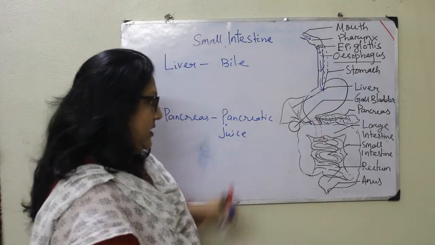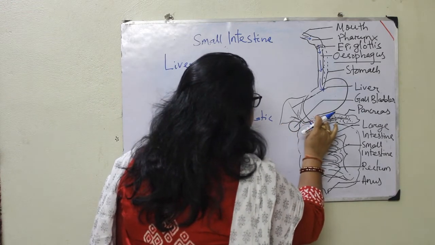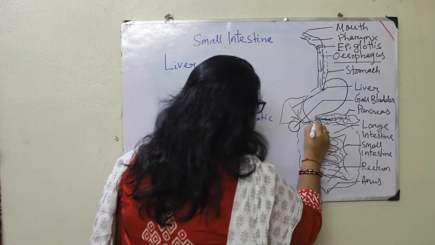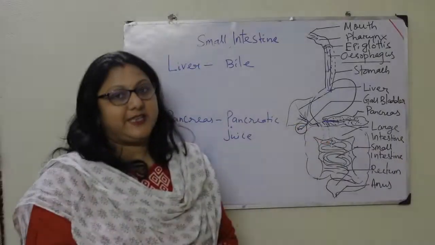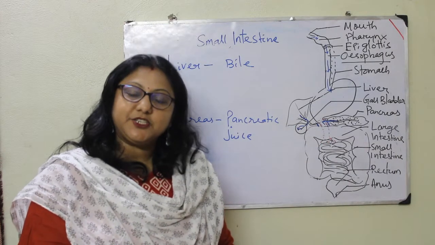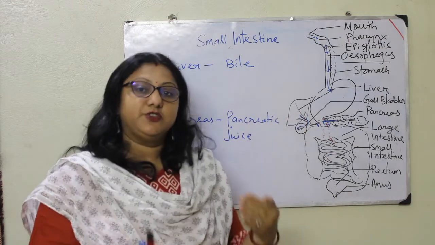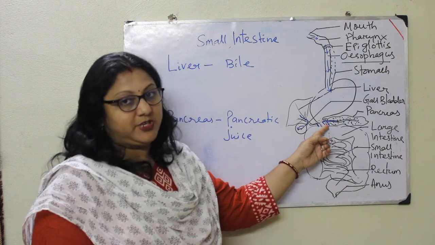Now we can see here the secretions of the pancreas are entering the duodenum. The same tube brings the secretions of the liver, and both tubes join to make one single tube that enters the duodenum.